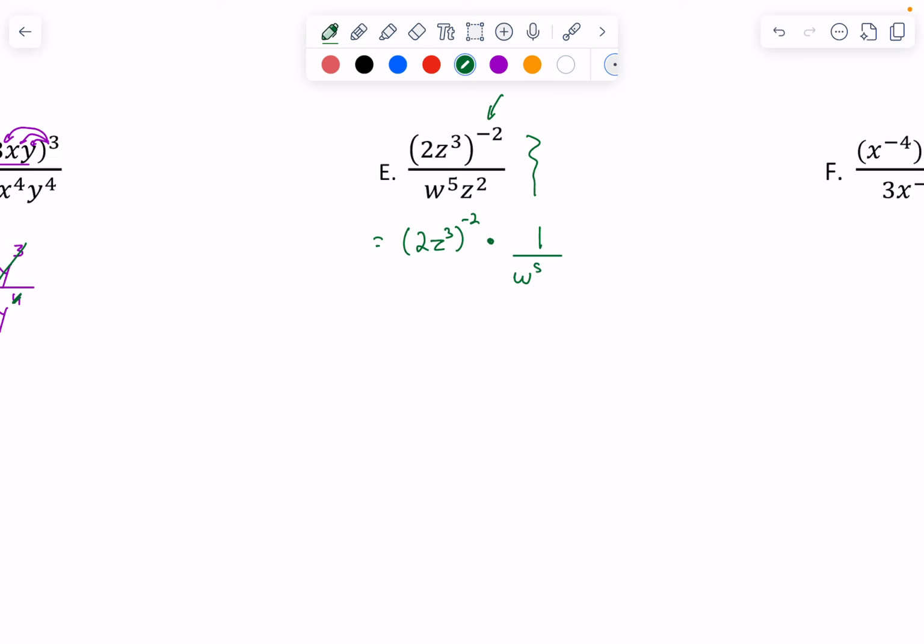w^5 z squared. So now we can deal with this negative exponent here, and what that's going to say is, take everything on the inside here and flip it. So that's 1 over 2z^3, and that is all put now to the positive exponent of 2, and multiplied by 1 over w^5 z squared.